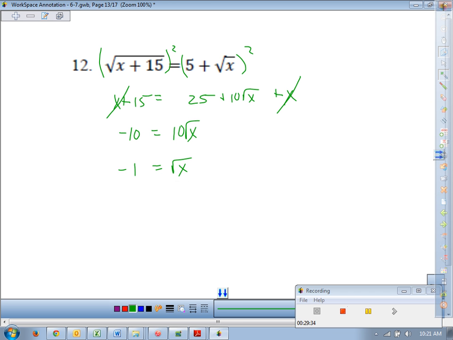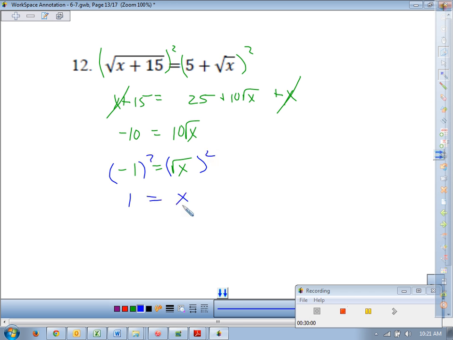So you could maybe stop there and realize, don't you have a square root coming out negative? Correct? How many solutions are there to this? No solutions. If you continued further and squared both sides, people are like, but if you square it, this is going to come out positive. You are right. That will come out positive.